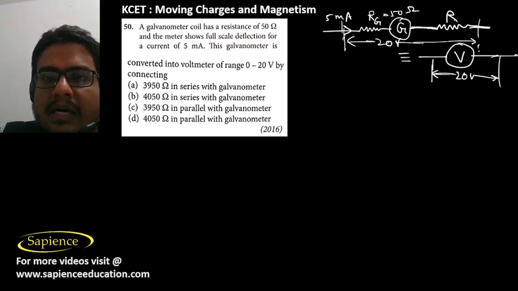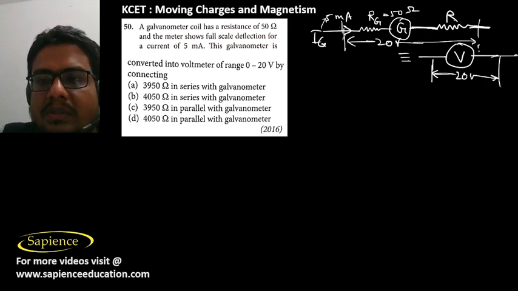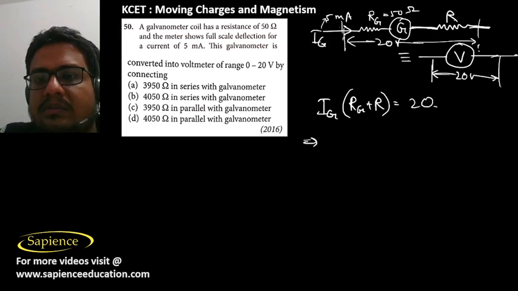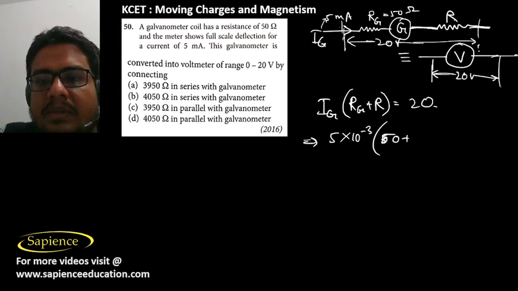So if Ig is 5 milliampere, then the voltage drop across the voltmeter, that is Ig into Rg plus R, is equal to 20 volts. So 5 into 10 power minus 3 ampere into (50 plus R) should be equal to 20.